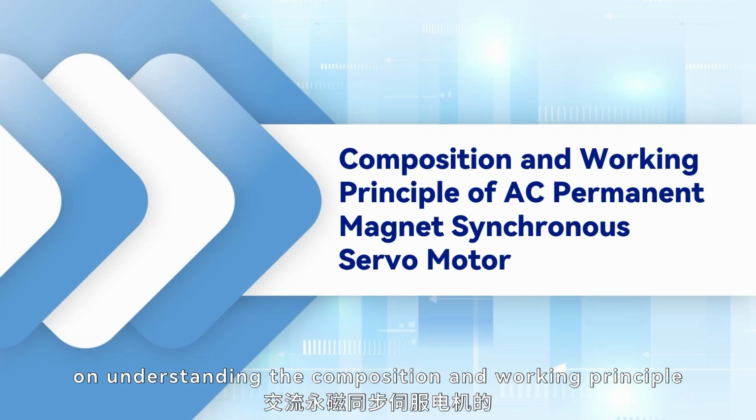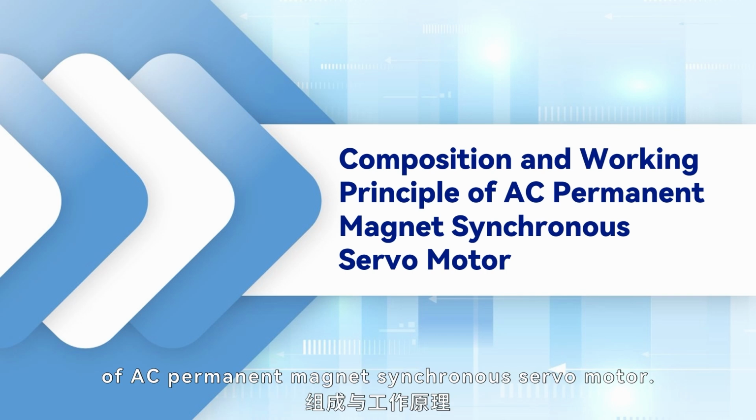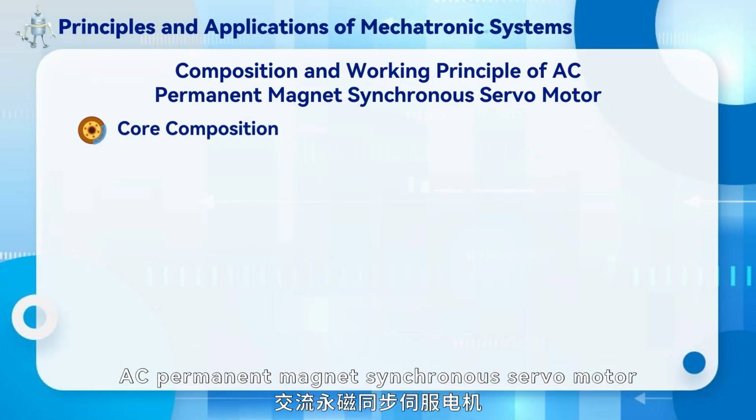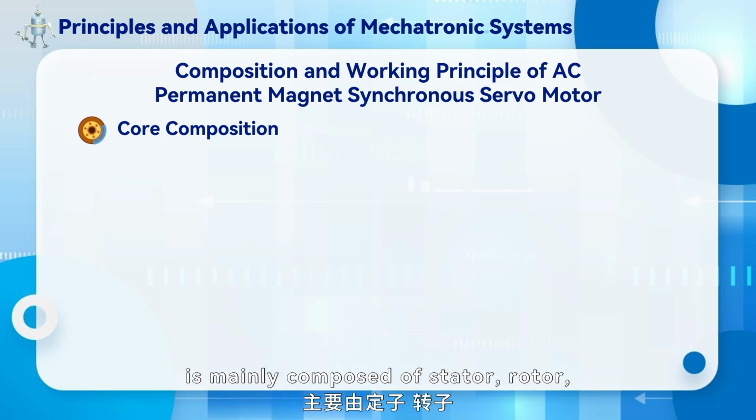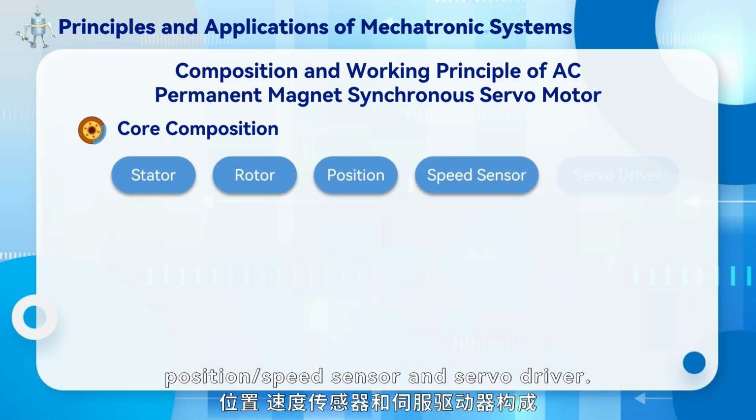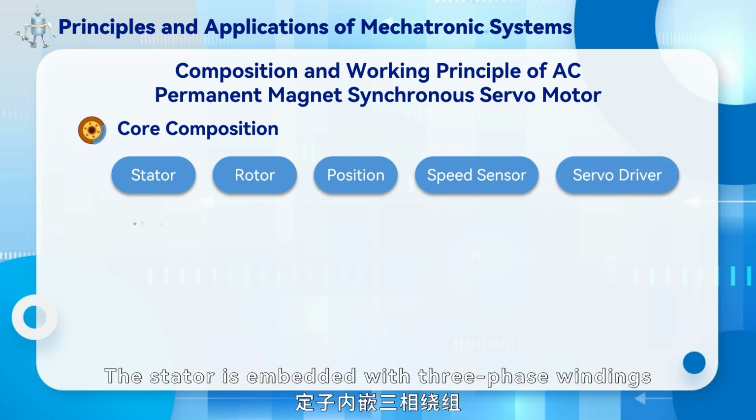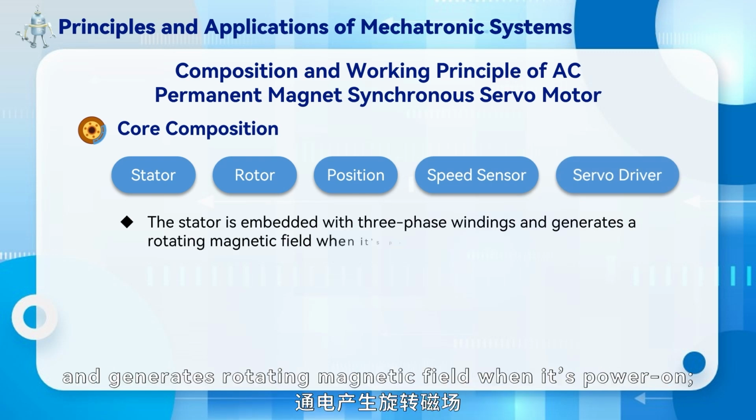Next, let's focus on understanding the composition and working principle of AC permanent magnet synchronous servo motor. It is mainly composed of stator, rotor, position or speed sensor, and servo driver. The stator is embedded with three-phase windings and generates a rotating magnetic field when it's powered on.